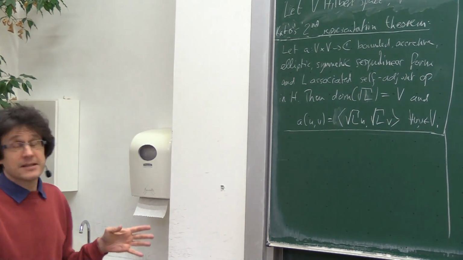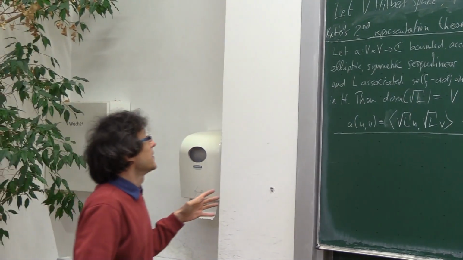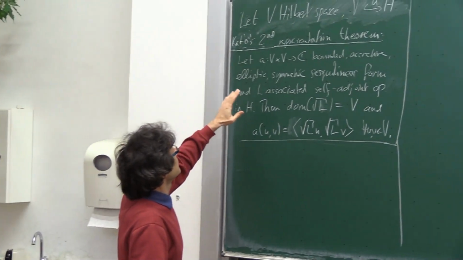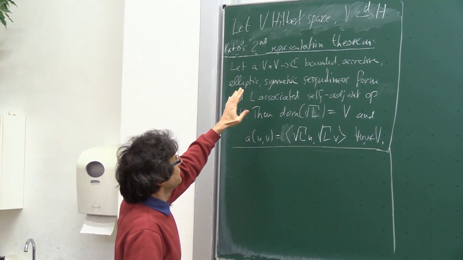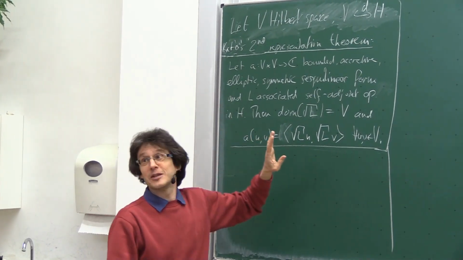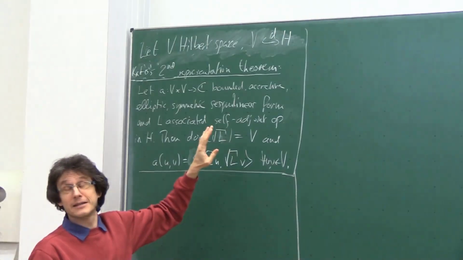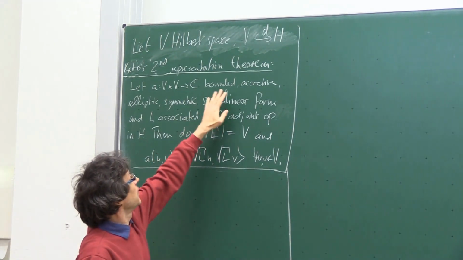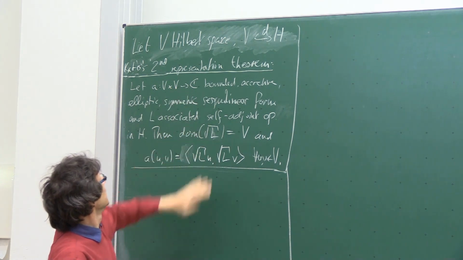Nevertheless, it's a very remarkable result that tells us whenever you have an operator that comes from a really nice form, so this form has all the nice properties that we had in chapter 2: bounded, accretive, elliptic, symmetric.